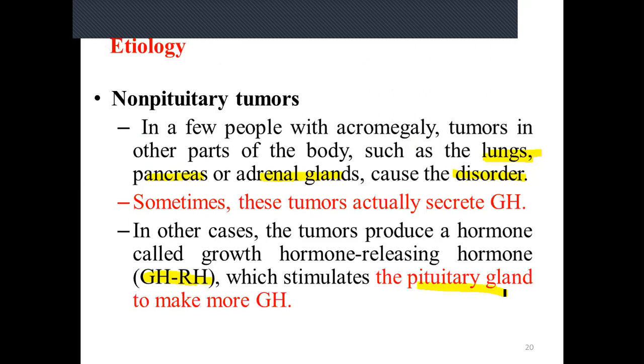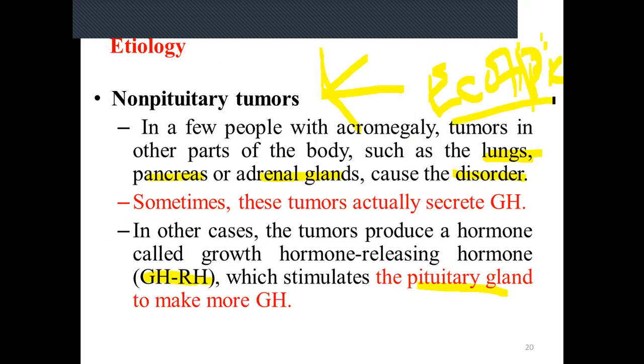So this is the ectopic production. Ectopic means something which is not originated from the primary gland, but it activates the production of the hormone. So that is how it appears.